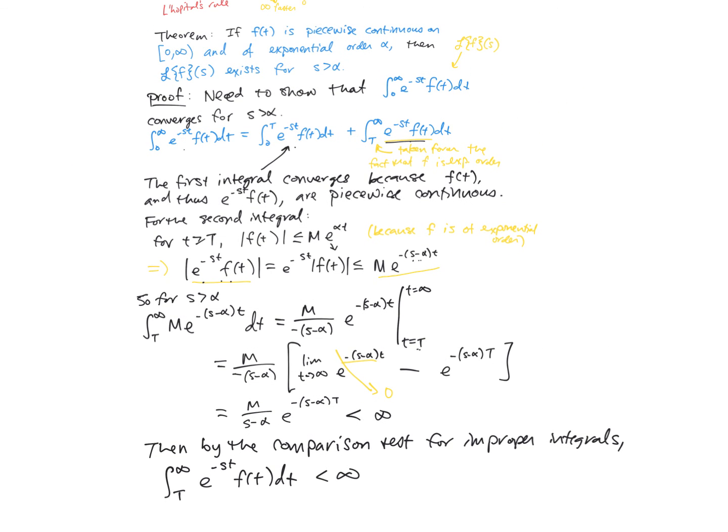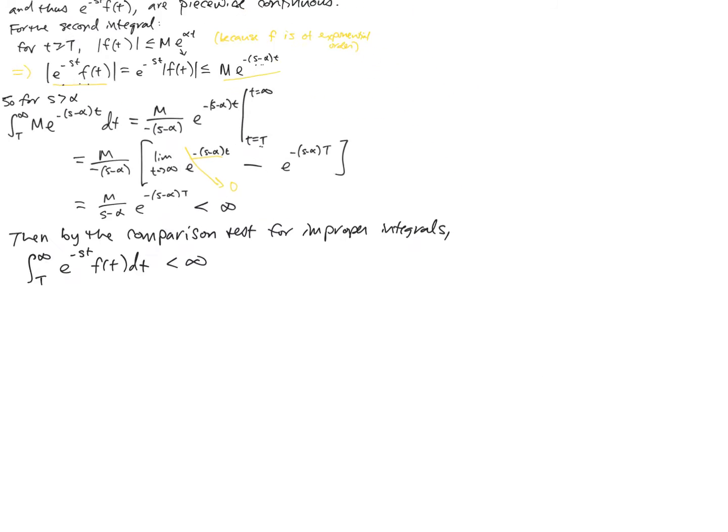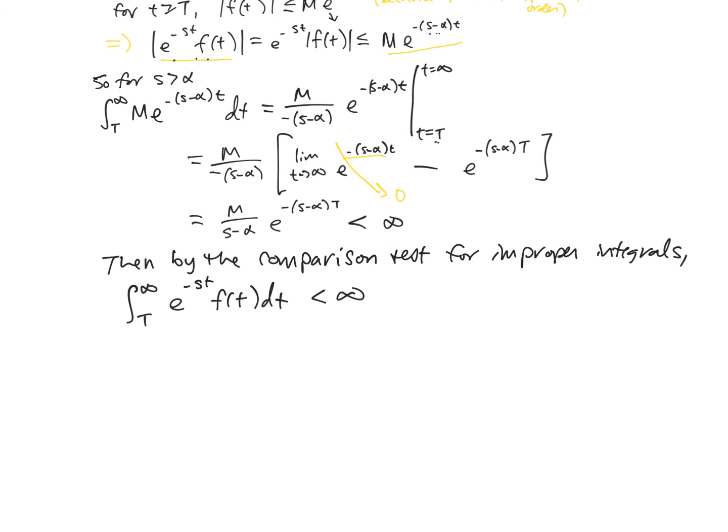And so we have proved that the two on the right-hand side are both finite, and therefore their sum, which is the one that goes from 0 to infinity, is also finite.